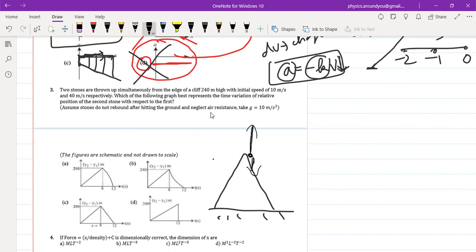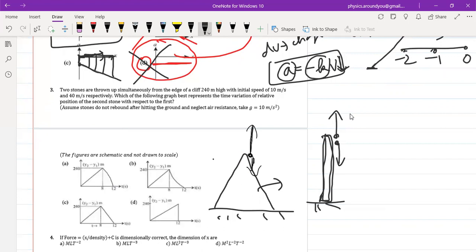They're asking how would their relative position vary with respect to each other? Relative position of what? So instead of a cliff, if I imagine just one tall building, one goes up, the other goes down.